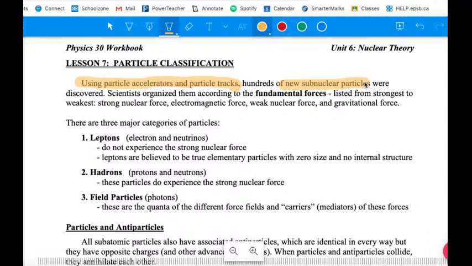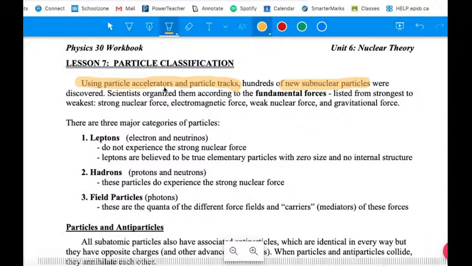By colliding high energy particles with one another, you can actually break them apart and observe all of these new particles that we could never observe naturally in the world. So this is quite groundbreaking, and it leads to an amazing intricate field of science, our particle physics.